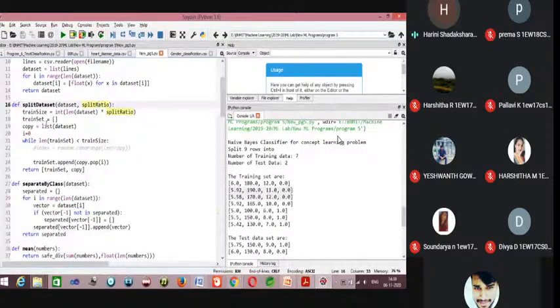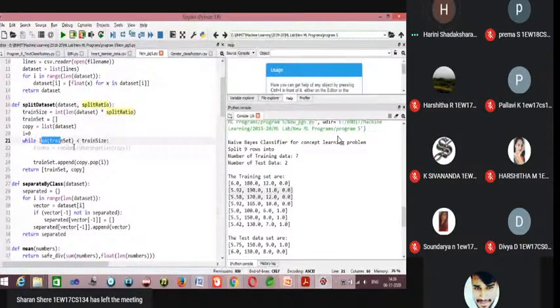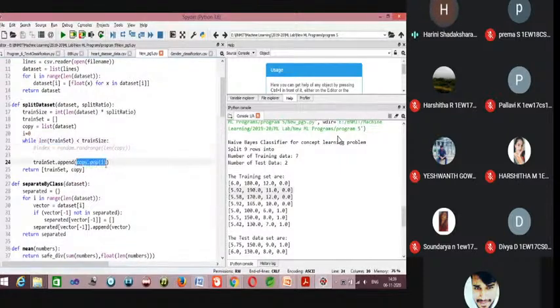Until the train set, which is empty, the length of train set will obviously be 0. Until it becomes equal to train size, I'll be just appending the contents. One thing you should observe is I'm popping the content from copy. So what is copy?